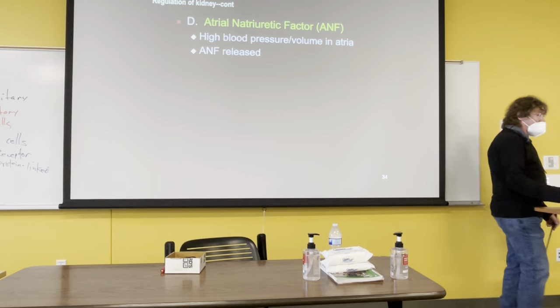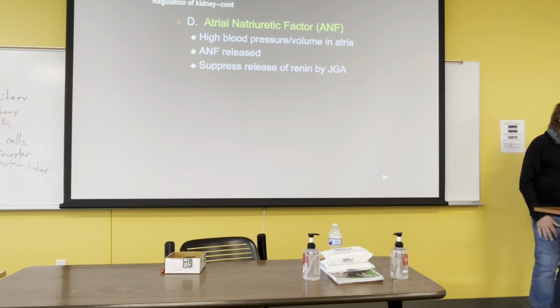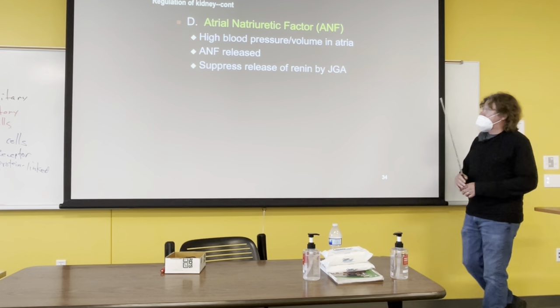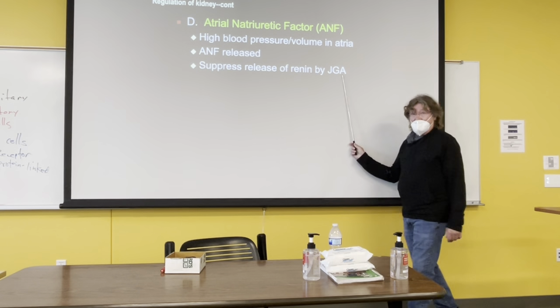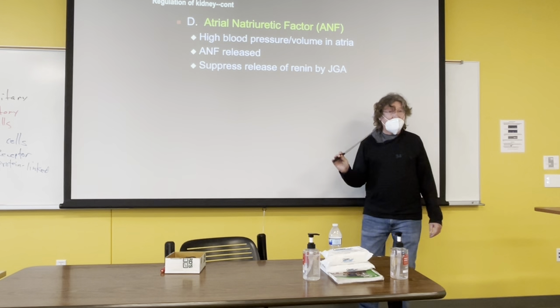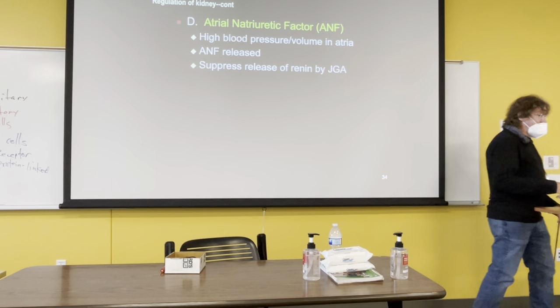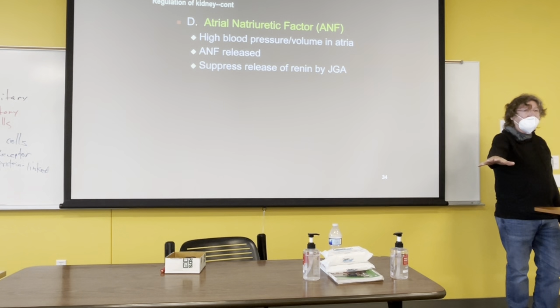And this is a protein, and only the targets that have the receptor respond. And so what this binds to are receptors in the juxtaglomerular apparatus, which then lowers the release of renin. So it just reverses the release of renin, which is shutting down the RAS system.